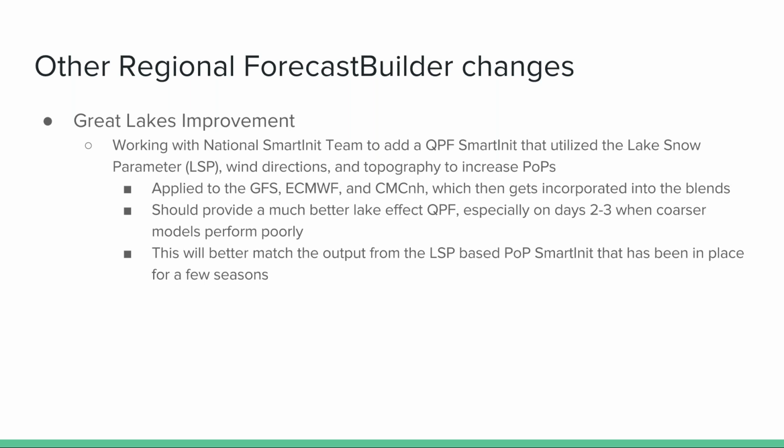Now there's further work to improve the QPF side of things because models, especially the broader ones like the EC, for example, have a hard time producing enough QPF because of the mesoscale nature of lake effect snow. So this should help a little bit, especially on days 2 through 3, as noted here.